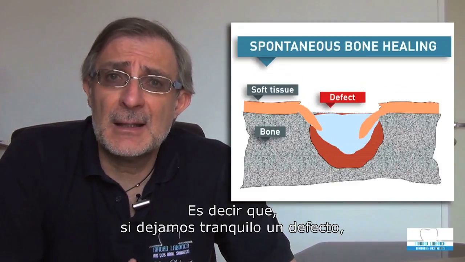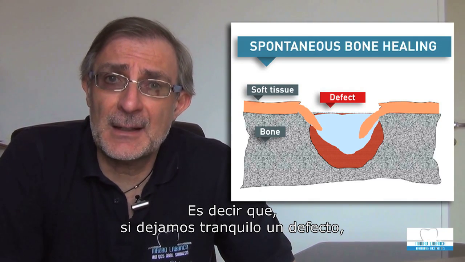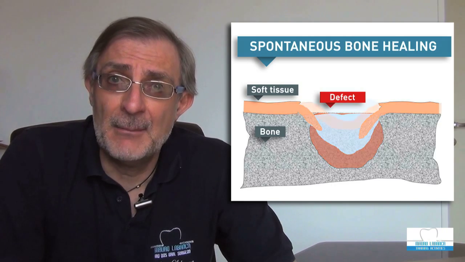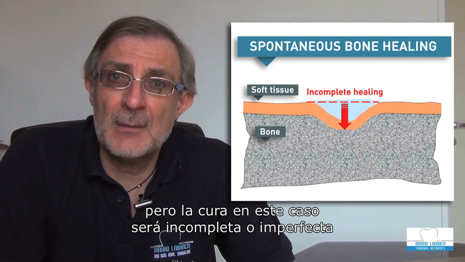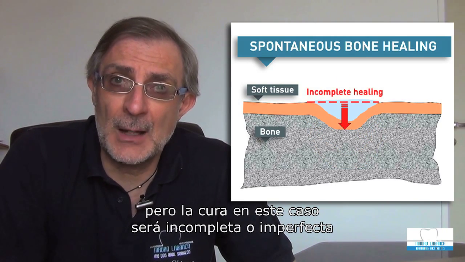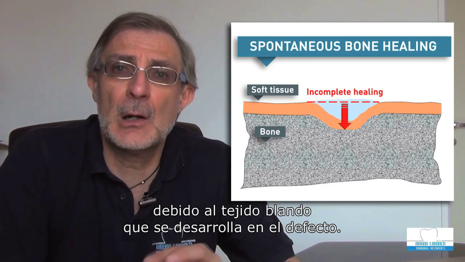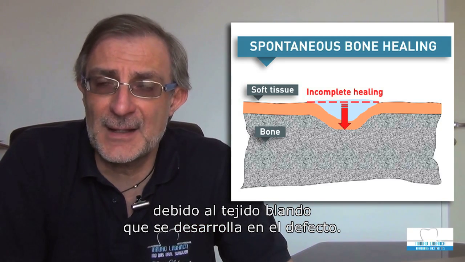It means that if we leave a defect alone, we still have a good healing, but the healing in this case will be incomplete or imperfect because of the soft tissue that will grow inside the defect.